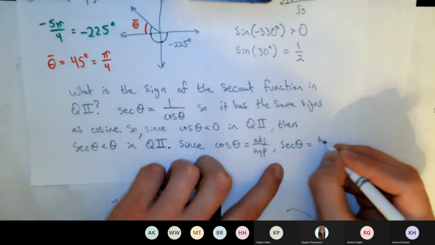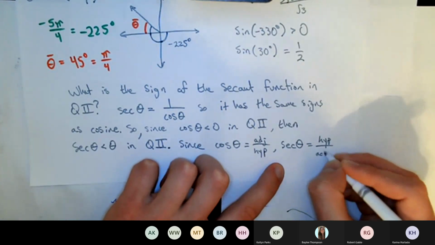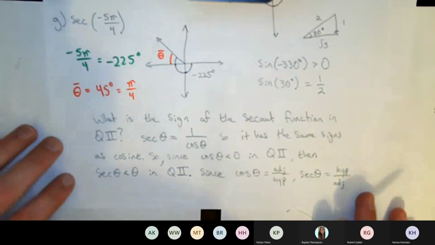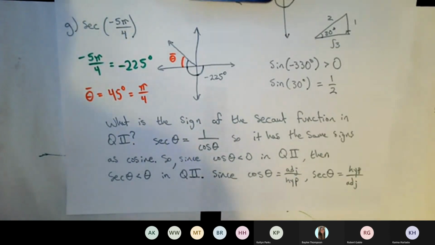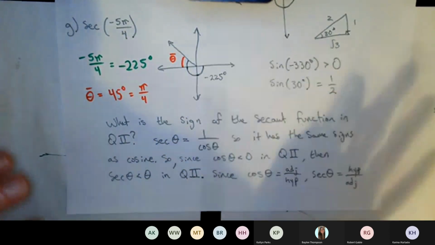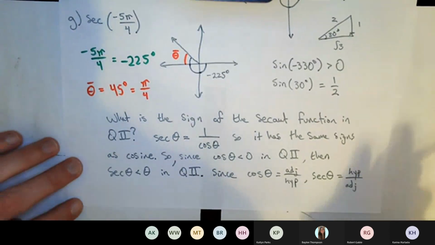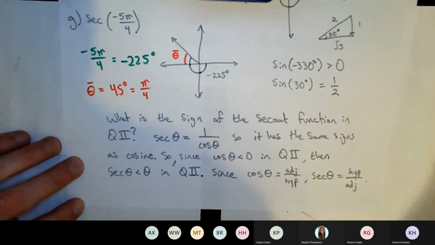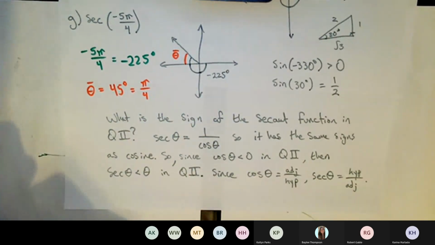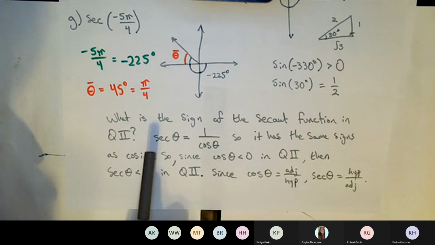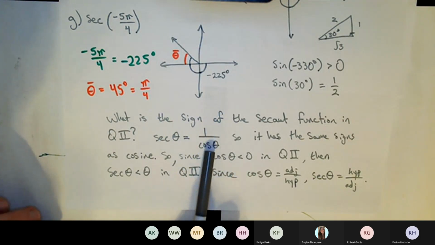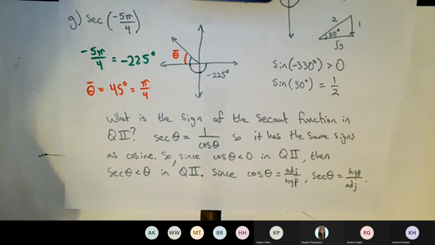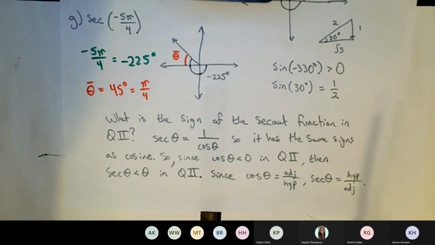In other words, flip it upside down: hypotenuse over adjacent. That's going to be useful when we draw our reference triangle, which we have postponed because we've been talking about secant for a bit. Since secant is 1 over cosine, whatever ratio cosine outputs, adjacent over hypotenuse, secant just flips it upside down.